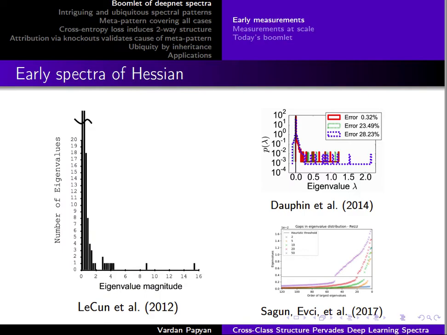It's simply the second derivative of the loss with respect to the parameters of the model. So it's essentially a matrix of size parameters by parameters. And they showed the eigenvalues in the form of a histogram, which you can see here on the left. And so the x-axis are the eigenvalues, and the y-axis is simply the number of eigenvalues that fall in a certain bin.